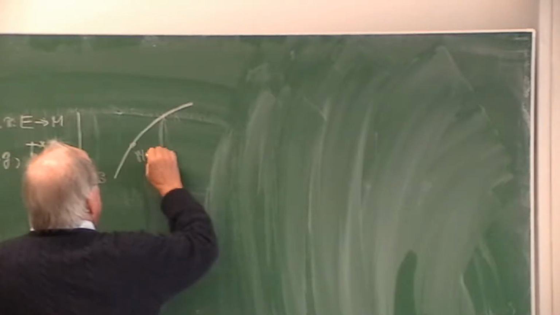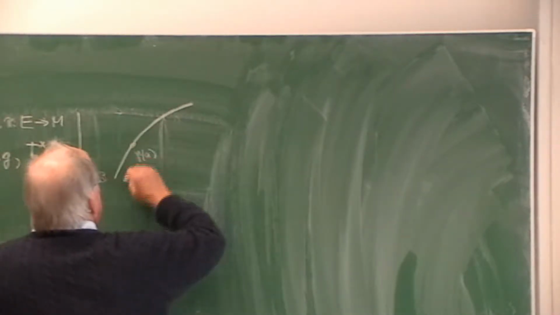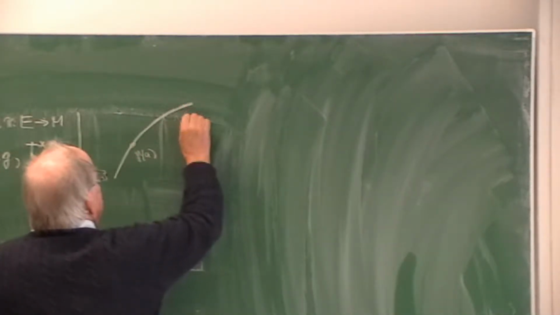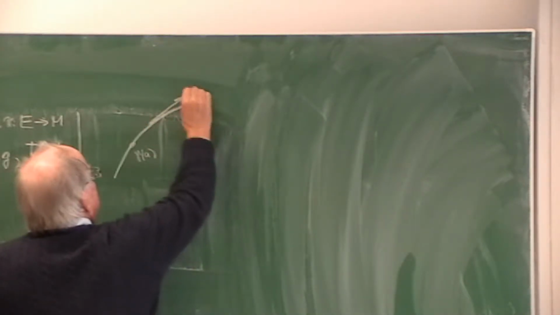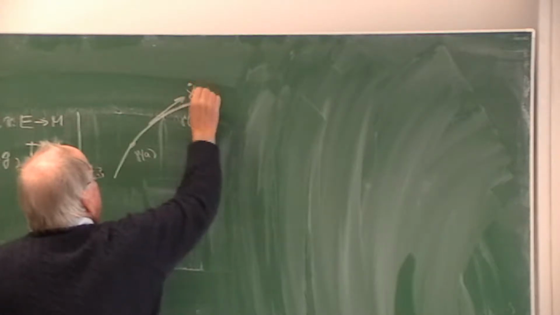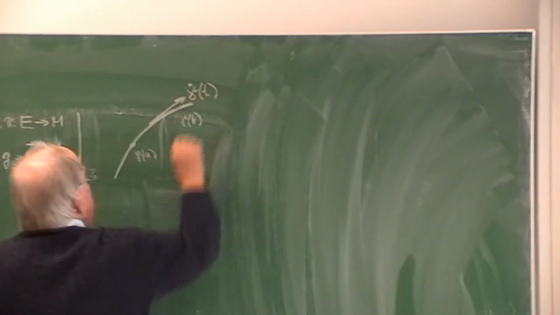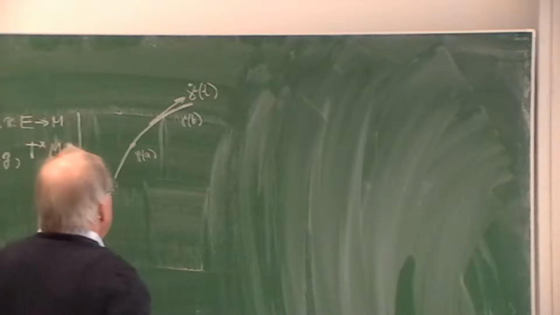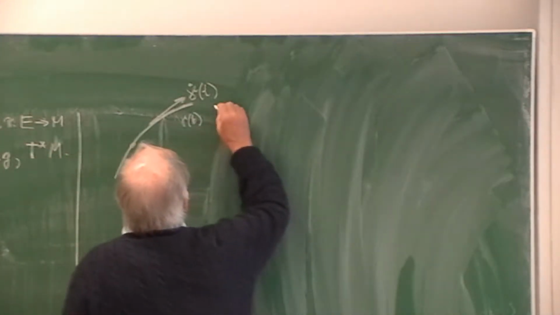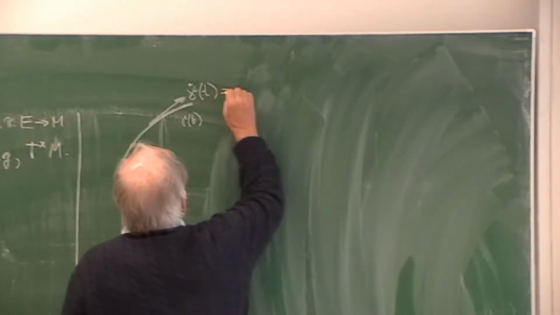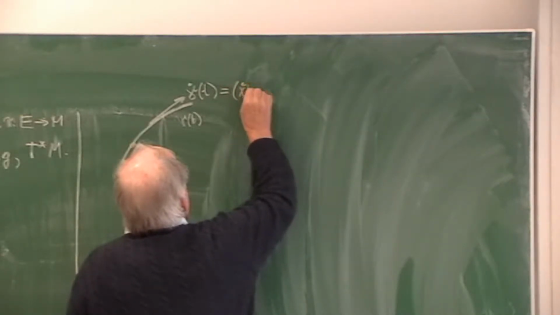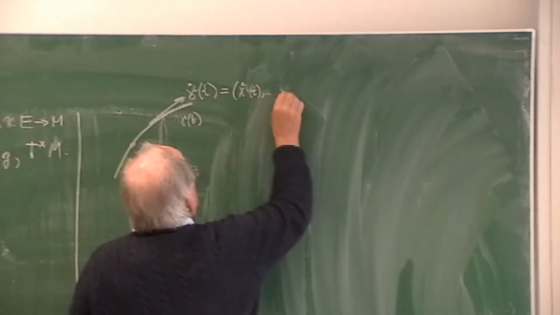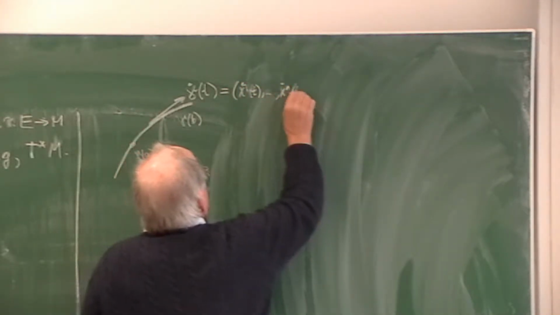Here's gamma of a, and it goes along here to gamma of b. And at each point you have a velocity vector, which we write as gamma dot at time t. Because this is in a coordinate chart, we can write it as x dot 1 of t to x dot n of t.